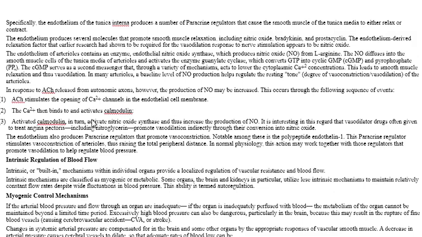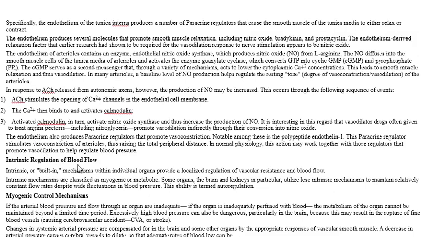Calcium then binds to and activates calmodulin. This is not so demanding and difficult to remember. Okay, activation of the endothelium will affect the paracrine regulators for the vessels to be constricted or relaxed.